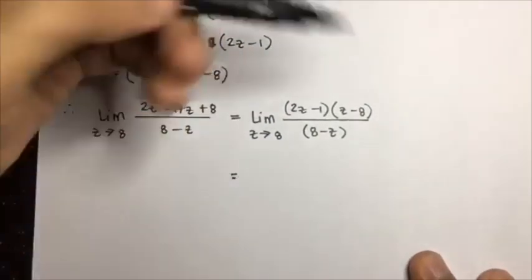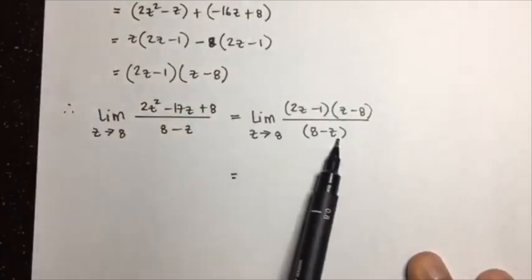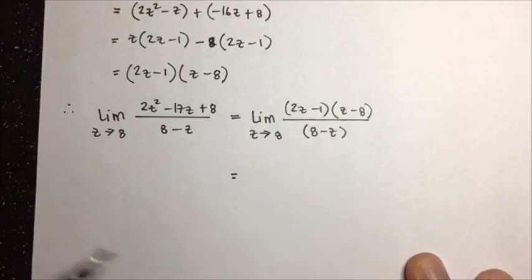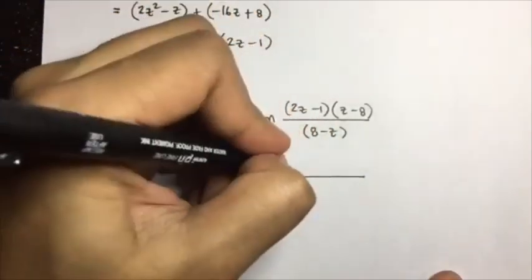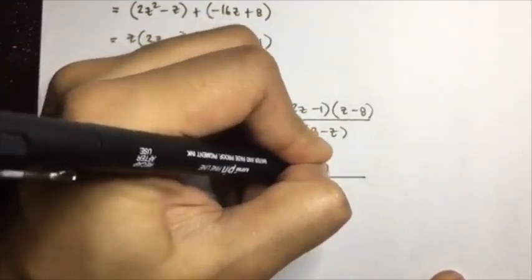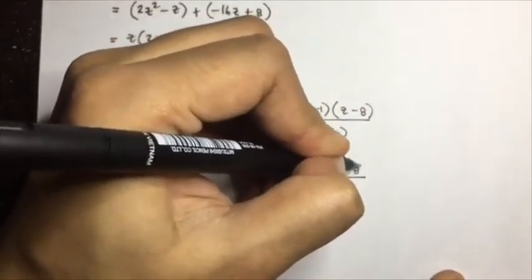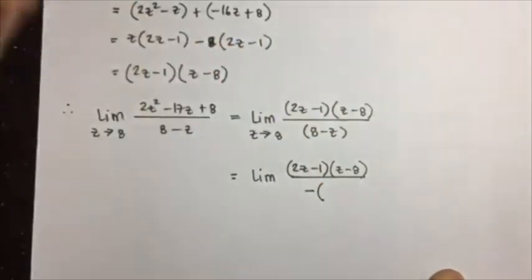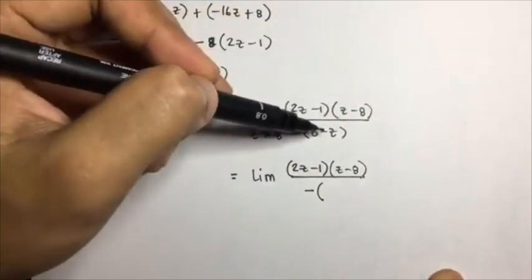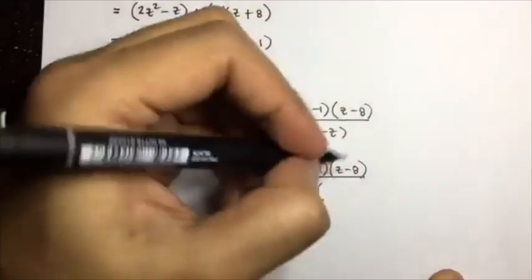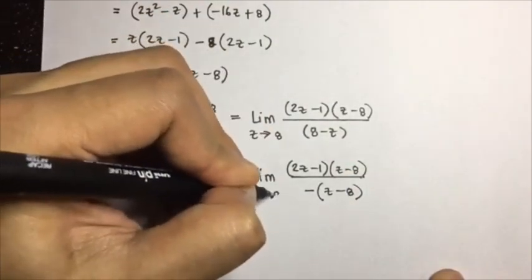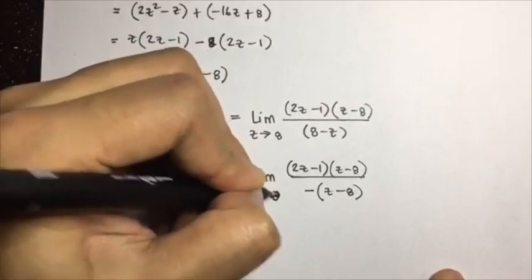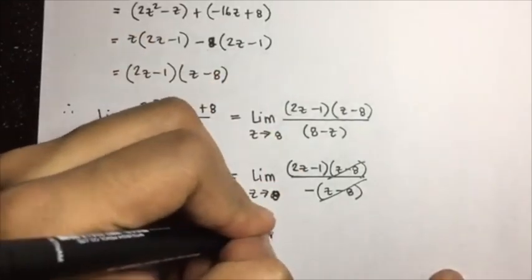As we can see, we can cancel this out. If we factor out negative 1 from the denominator, it becomes negative (z minus 8), as z approaches 8. So we can cancel this out.